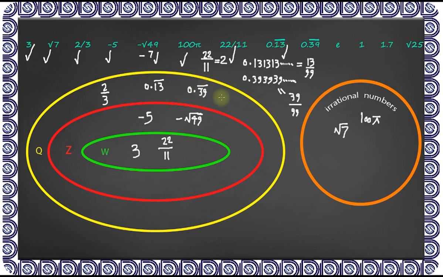And 39 is under bar notation. And the next number is Euler's number, which is an irrational number. And the next one is 1. 1 is a whole number.